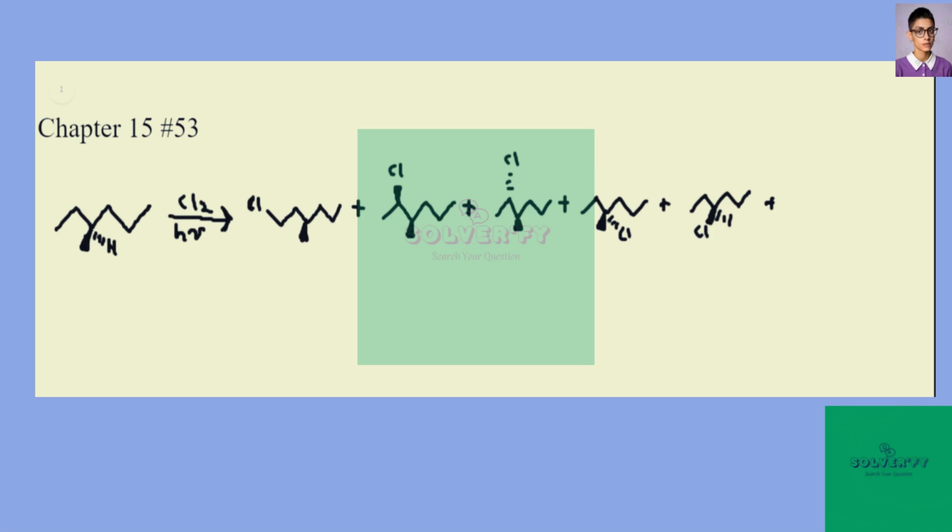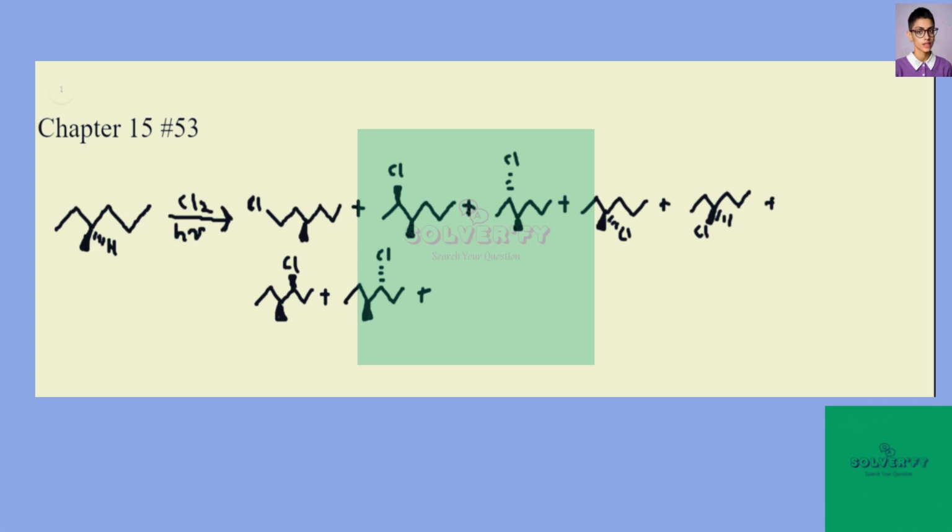We can also have the chlorine add to the next carbon. And again, we can get cis and trans isomers here. So that's a pair of diastereomers.